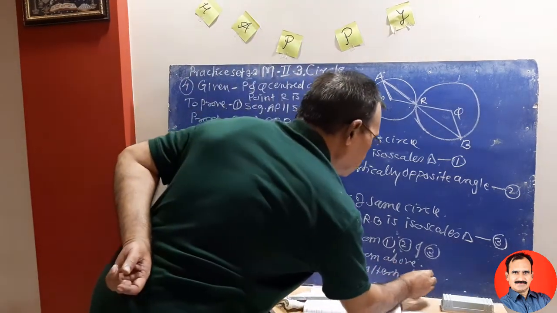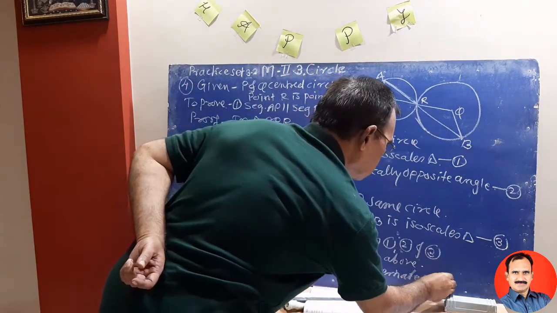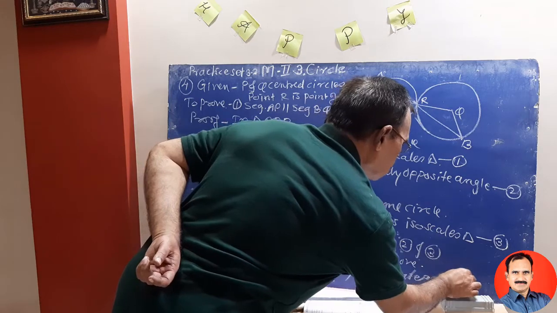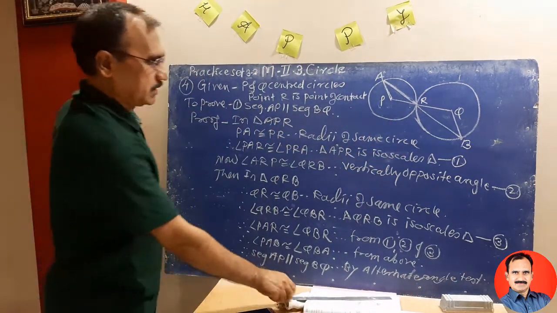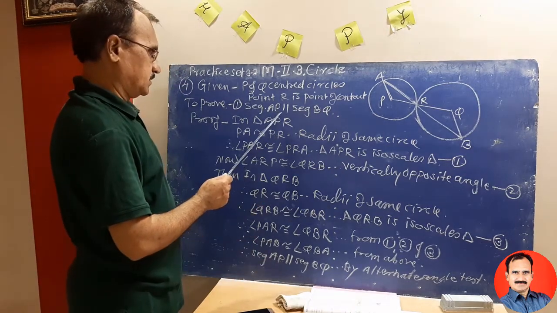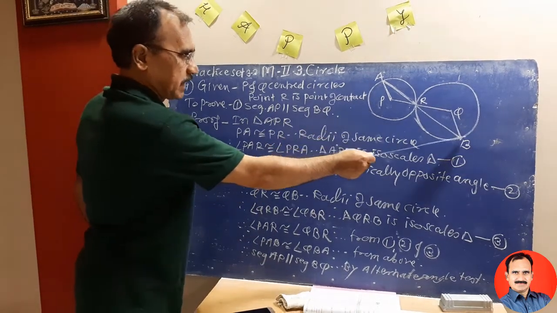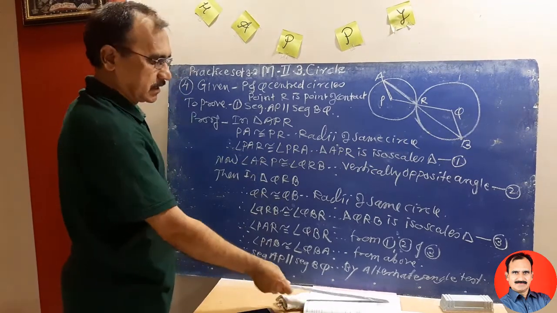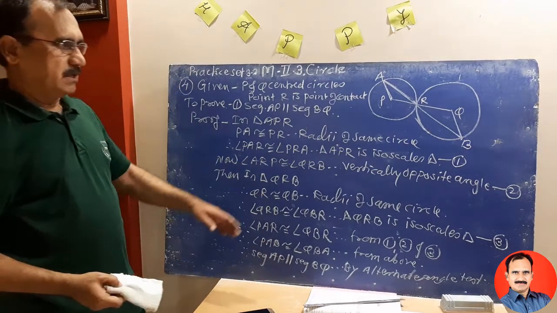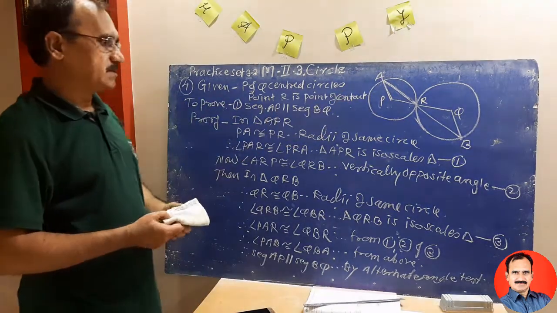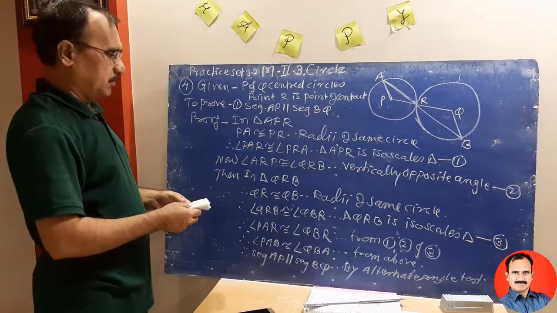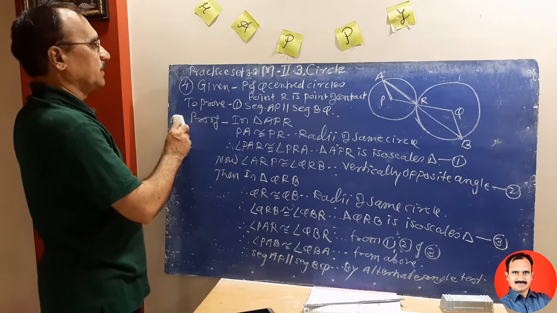By the alternate angle test we proved the first one, segment AP is parallel to segment QB, and this alternate angle test is already known from 9th standard. Okay, any problem? Nothing. Very good.